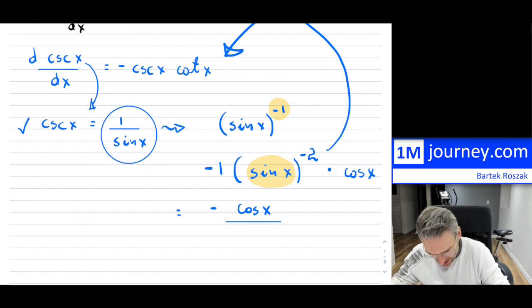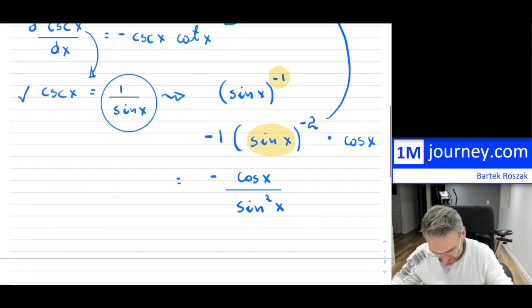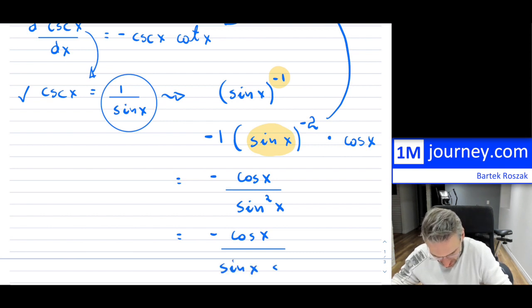The sine x to the negative 2, if you bring it to the denominator, you can use the exponent rules, so that's just sine squared. With this, you can see that this is simply cos x all over sine x times sine x. That's from here to here.